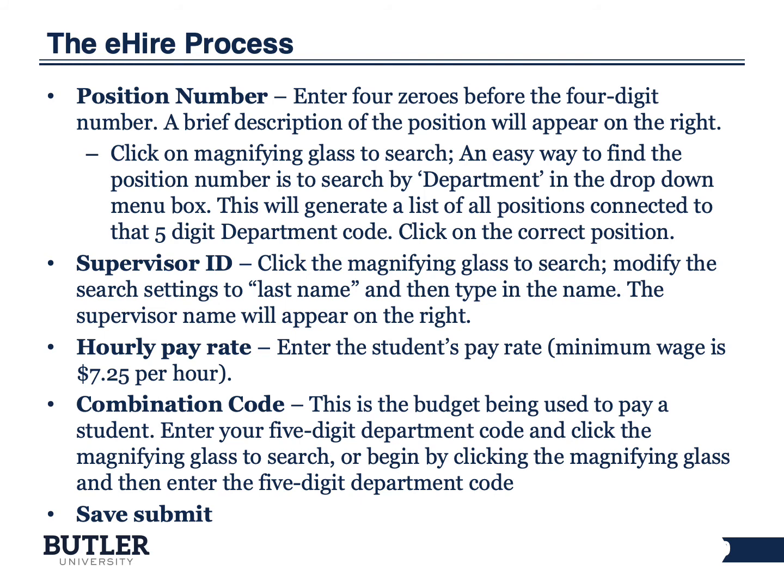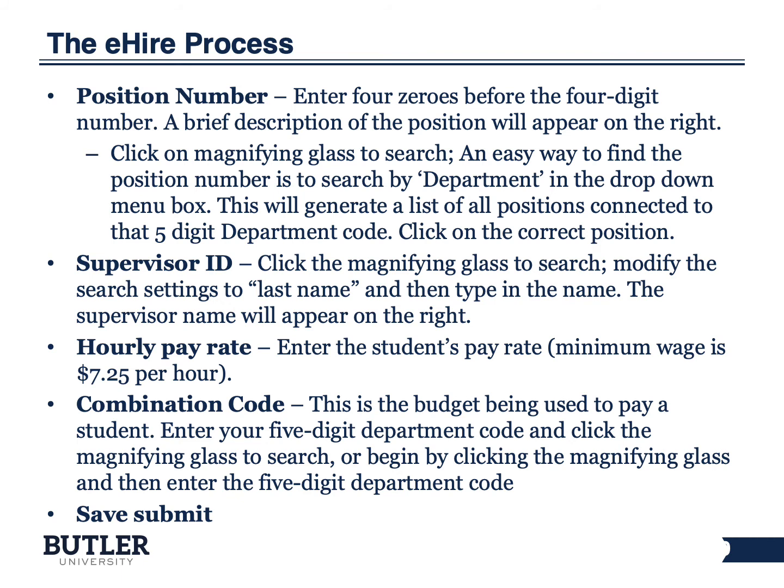So the first one you'll start with is the position number. When you're looking up the position number, it'll oftentimes have the job title or a brief description of what the position actually is, so that you know you're selecting the right position for your student hires. So the way to find the position number is clicking on the magnifying glass to search, and a new menu will appear.